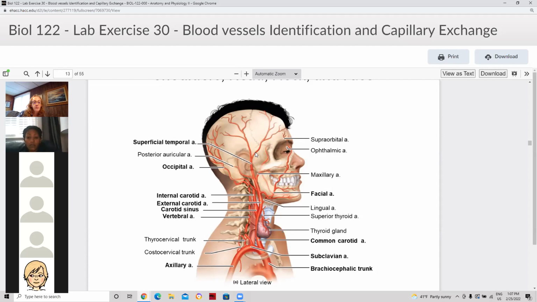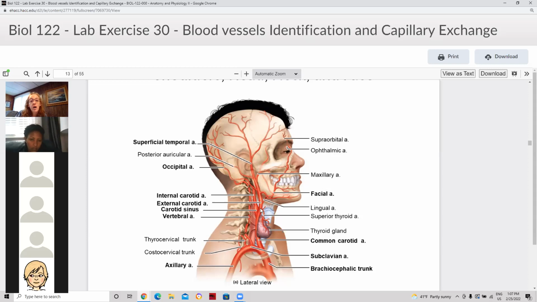Superficial temporal artery, moving up next to the temporal bone. Maxillary artery. Occipital artery. Facial artery. The internal carotid artery going up towards the head, the external carotid artery.